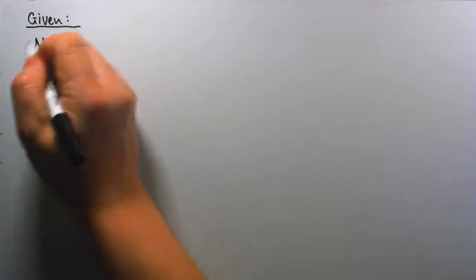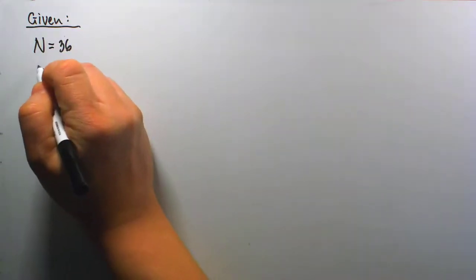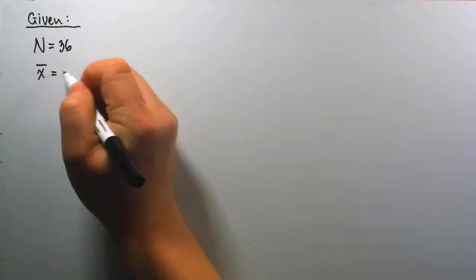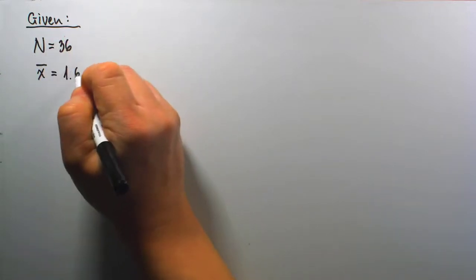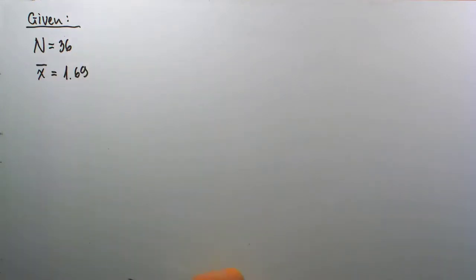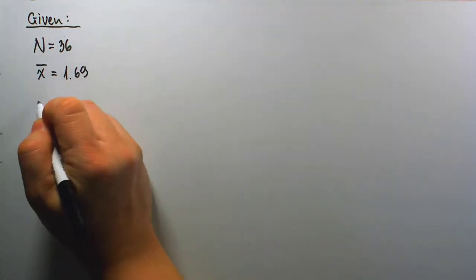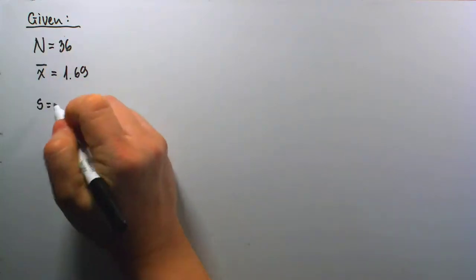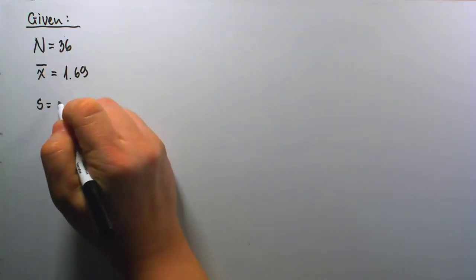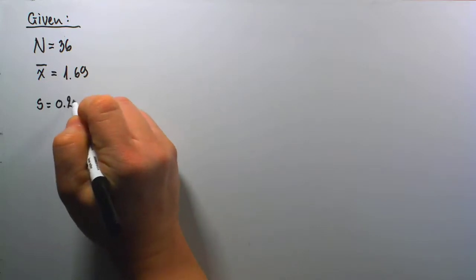And from that sample, we found a sample mean calculated directly from this sample, being $1.69. And our sample standard deviation, the average spread on this sample of 36 randomly selected gas prices, was 0.25.